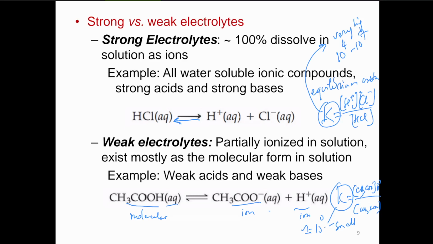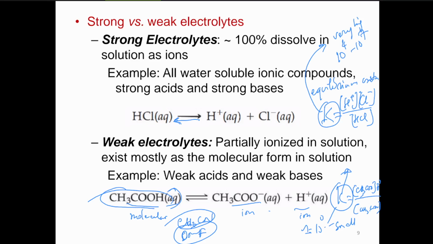Because later you can imagine the term aqueous here can be a different solvent. This can be, for example, acetonitrile, it can be DMF, whatever. If you are given the same compound like acetic acid, but you change from water to another solvent, for example acetonitrile or DMF, this equilibrium constant value will change. So if you are given a compound and asked whether it's a strong electrolyte or not, it's quite difficult to say.